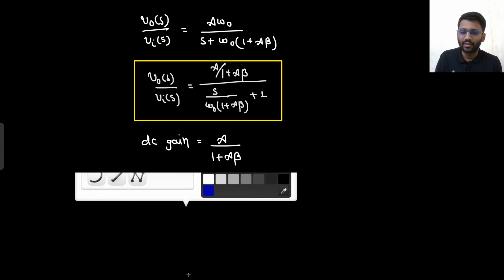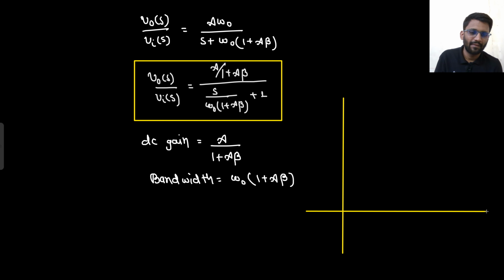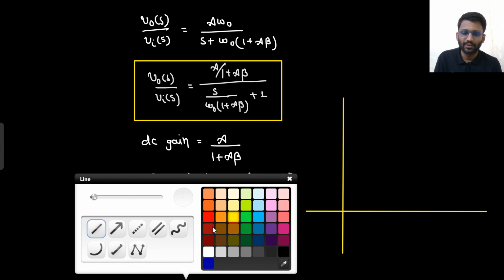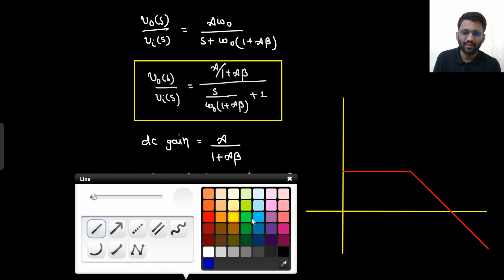So how will the response look like? The response will look something like this. The gain is A by 1 plus A beta, and the frequency is increased to this. Previously what was happening?